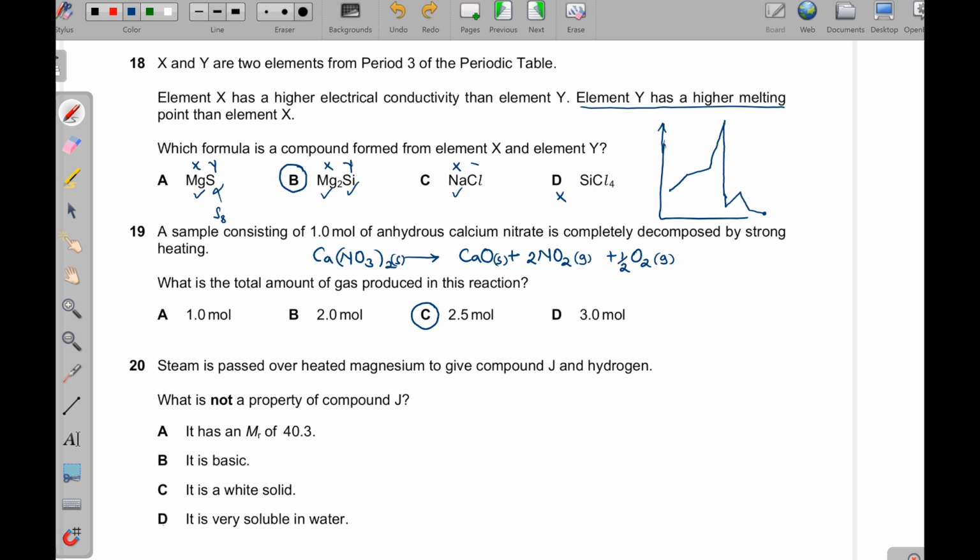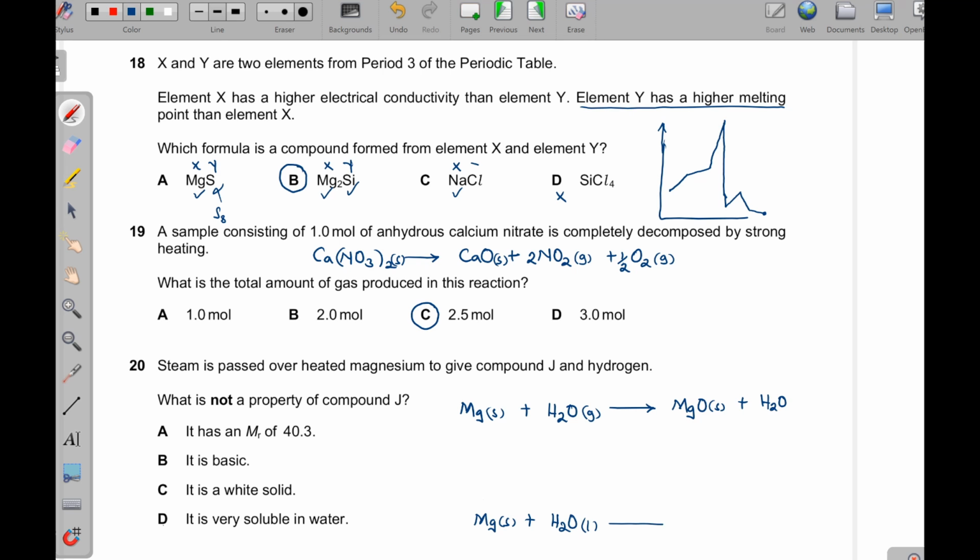There is somewhere I talked about it. So when you get magnesium and you react it with steam, that is water, which is gaseous, you get magnesium oxide, solid, then plus hydrogen gas. This one is a fast reaction, but magnesium reacts slowly with cold water.